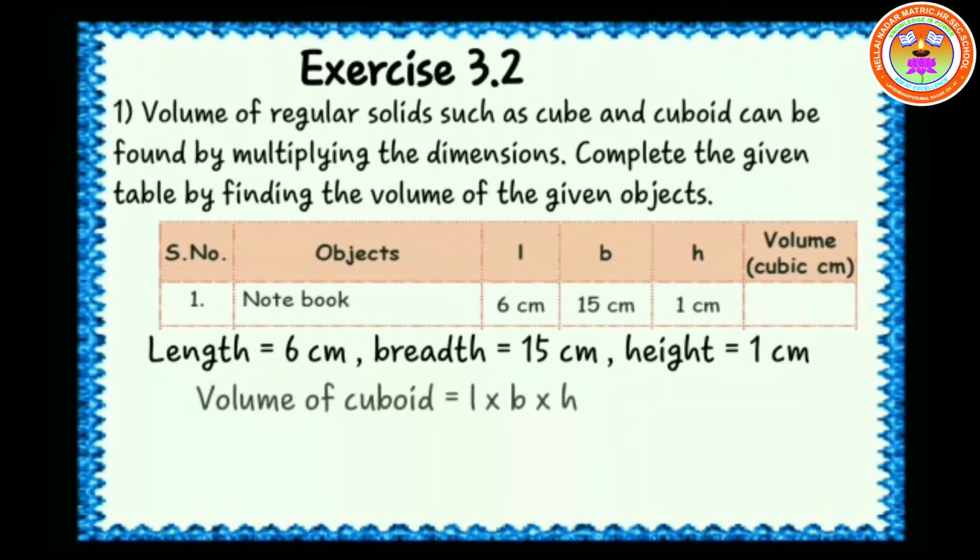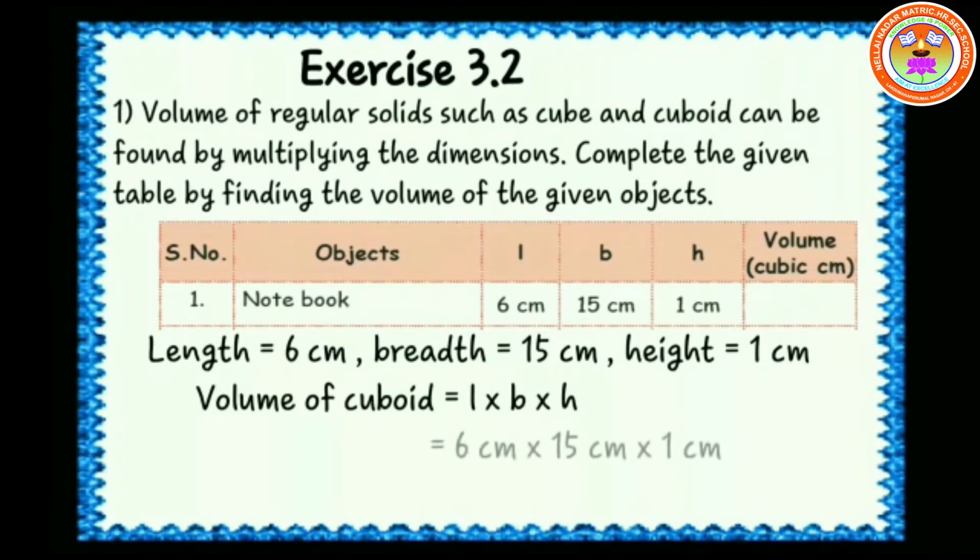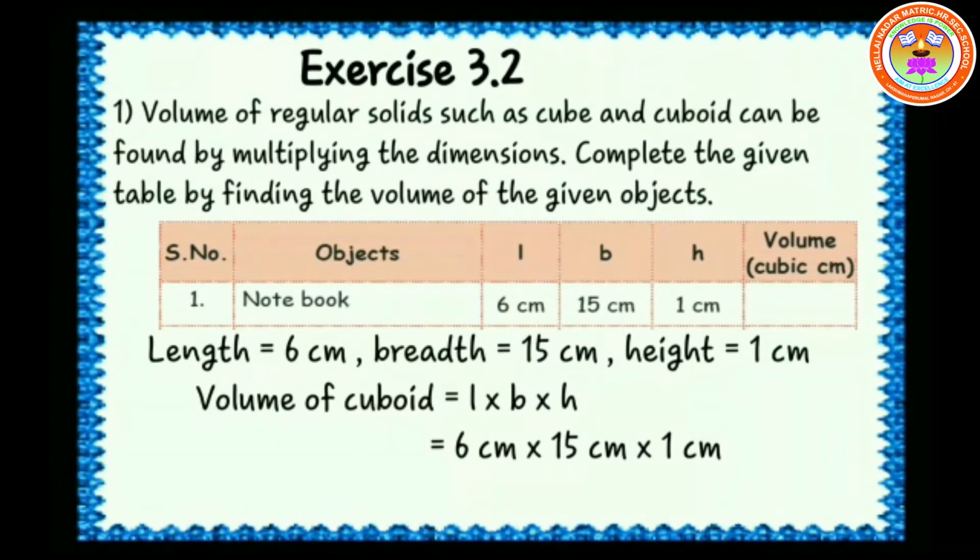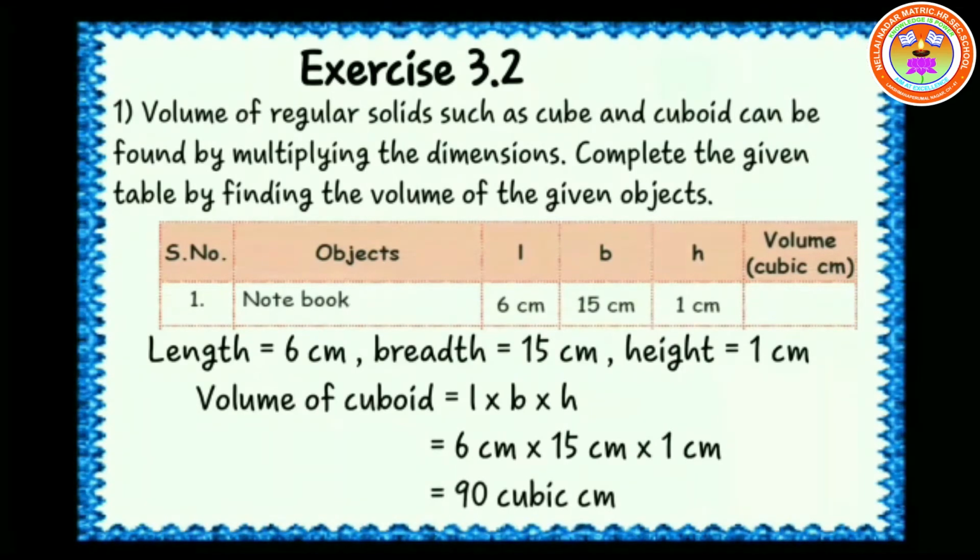Hence, volume of cuboid is length into breadth into height. 6 centimeter into 15 centimeter into 1 centimeter. 6 into 15, 90. 90 into 1, 90. So the answer is 90 cubic centimeter.